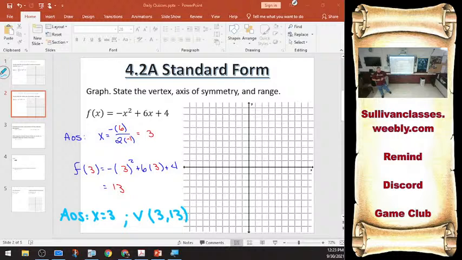If it opens downward, this is a maximum. If that's the maximum, then I can actually cheat and already say that my range is going to be from negative infinity all the way up to 13. Or if you prefer, you could have said y is less than or equal to 13. Either of those is cool. That's before I even graph it.